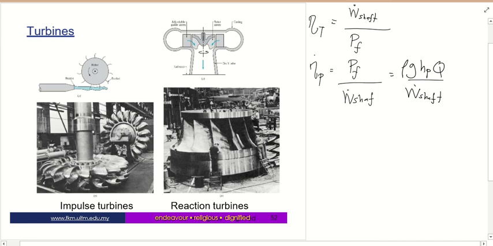Okay, let's move to the types of turbine. The first one is the impulse turbine, and the second one is the reaction turbine.